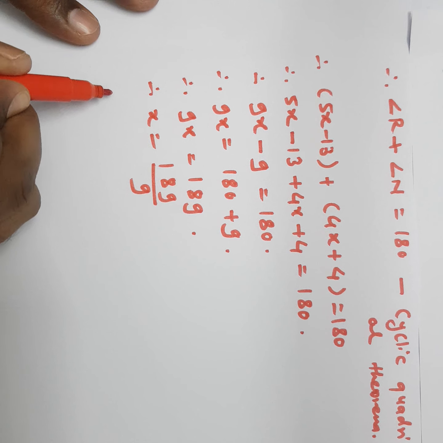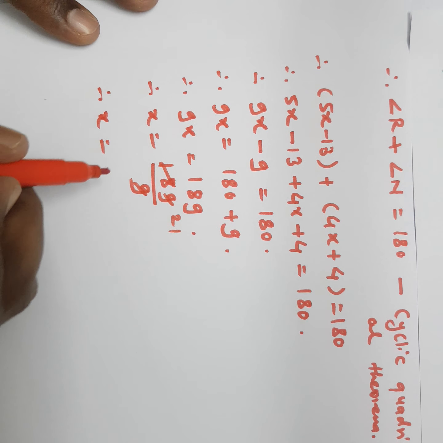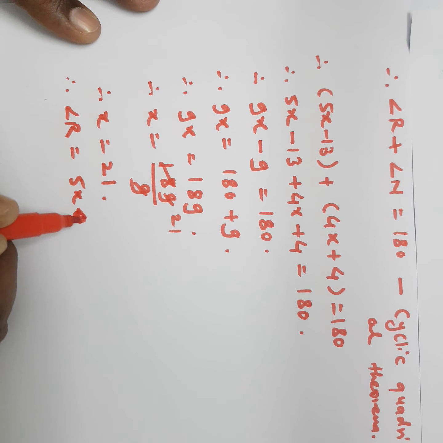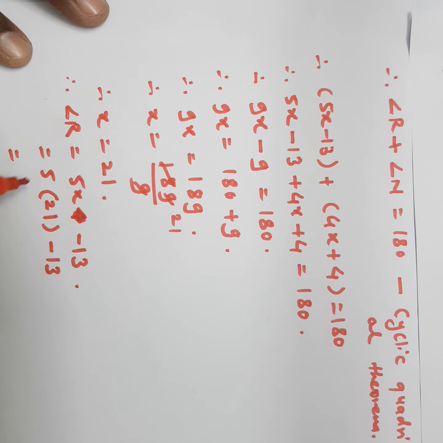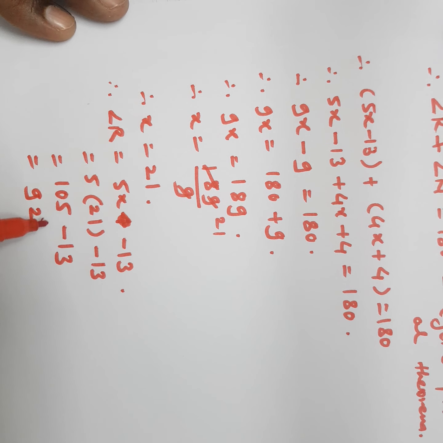Therefore, x is equal to 21. Then the measure of angle R is 5x minus 13, that is 5 into 21 minus 13, which is 105 minus 13, equal to 92 degrees.